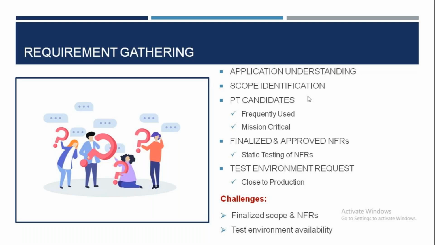Will you simply sit down? No. In that case, you need to raise the risk to the project. You need to call it out clearly, that if you're not getting a performance testing environment close to production, what is your challenge going to be? How is it going to be a problem to the project?